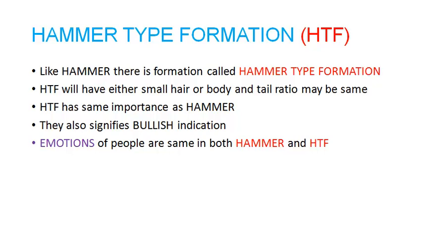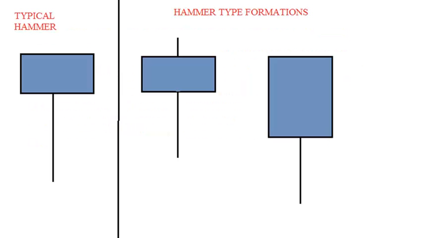Now why is the hammer type formation equally important? Because the emotion of the people who are closing the market is the same. So let's have a look at typical types of hammer type formations. On the left-hand side we are looking at a typical hammer, so this is H and this is 2H or 2.5H.